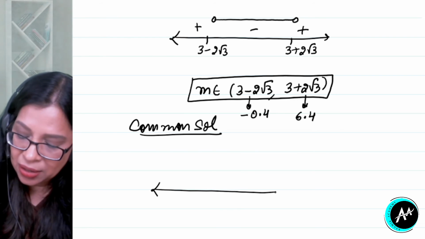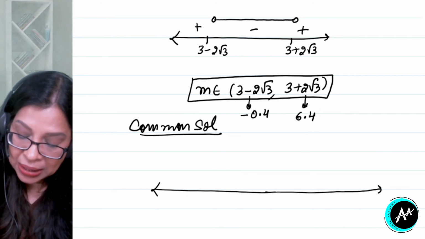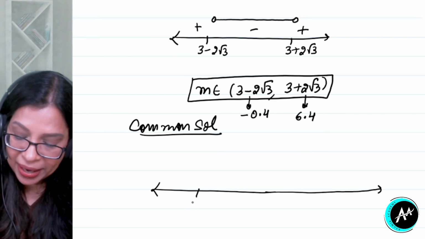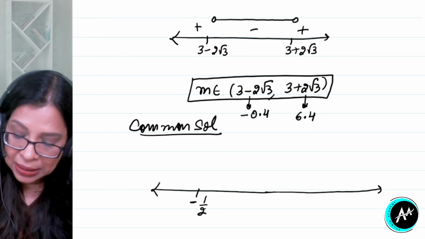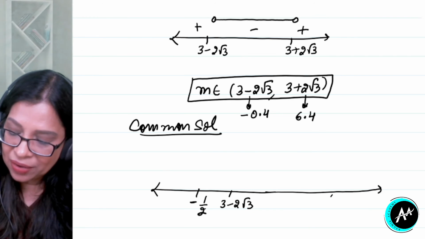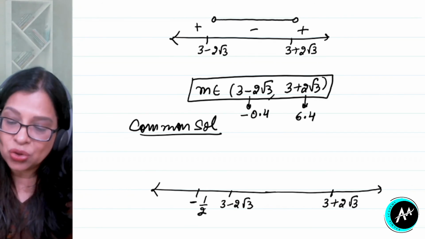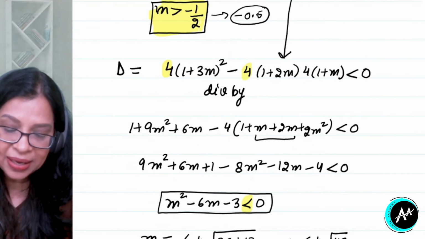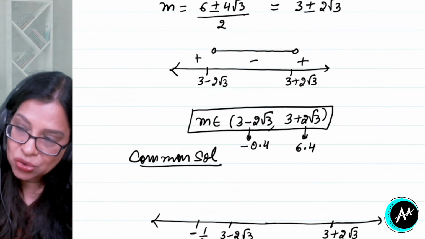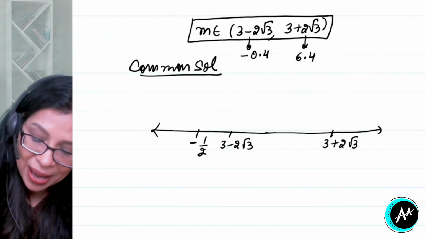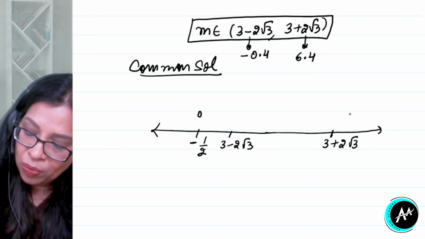So let us take the number line. So I will have first of all minus half, isn't it? Then I will have 3 minus 2 root 3. And then I will have 3 plus 2 root 3. Got it? So the first condition was that m is greater than minus half. So let me take this blank circle over here because strict inequality is there.